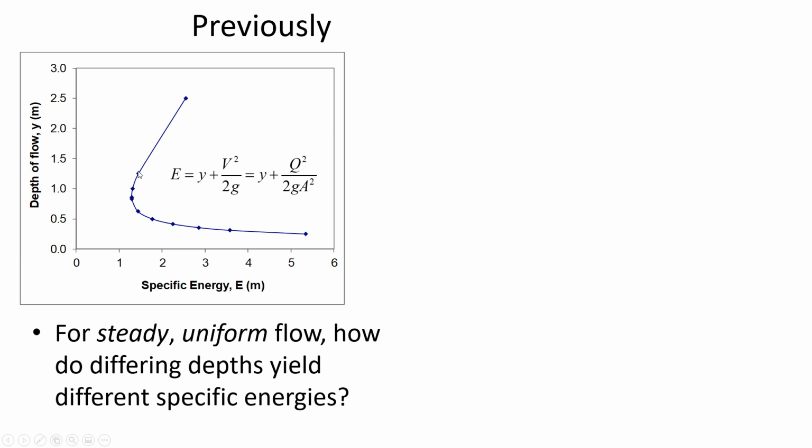So remember, from a graphical perspective, we had this amount of specific energy, and because of the step downward, we're moving further to the right. So we want to find out what is the new depth with some additional specific energy where we're moving to the right on that curve.